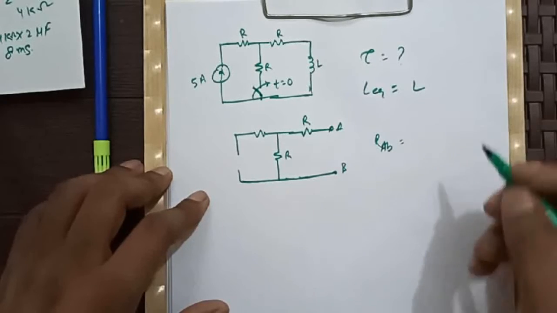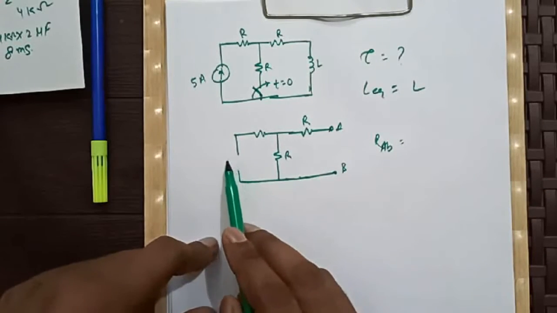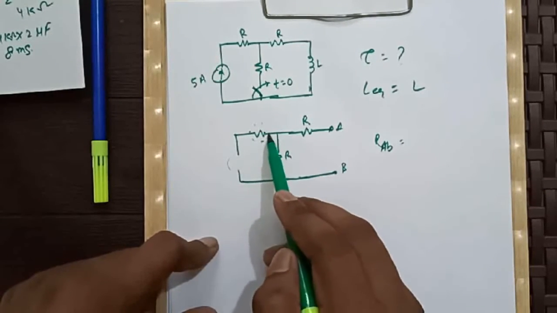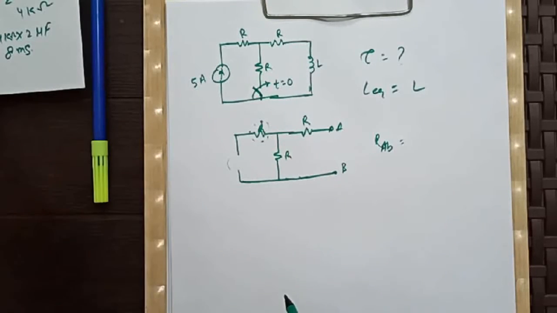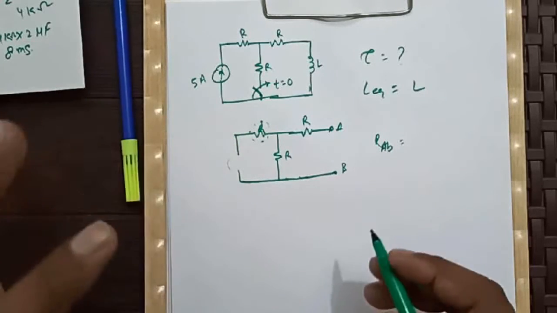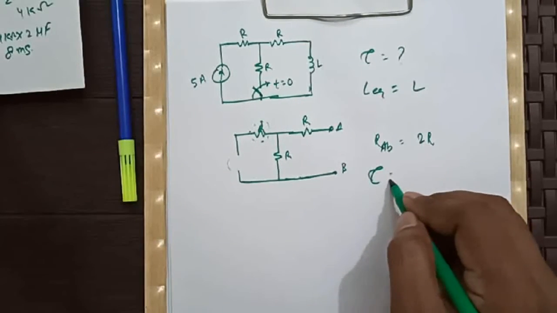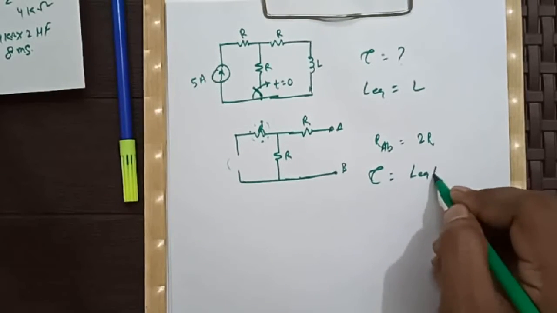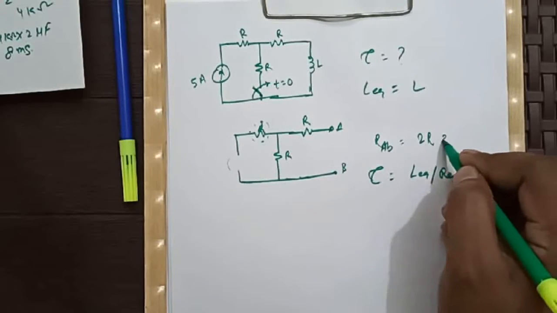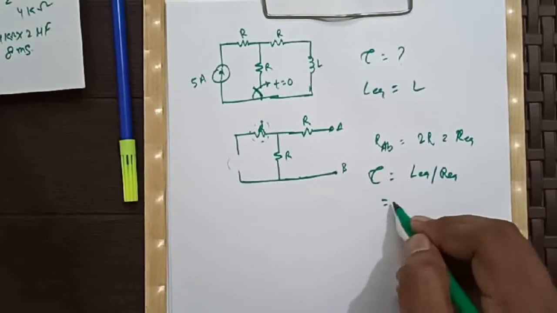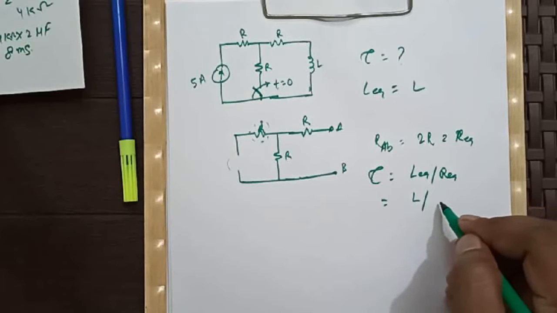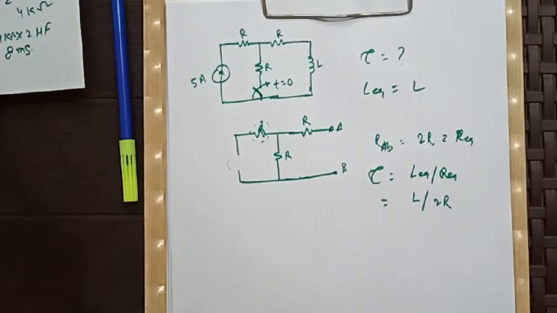Since after open circuiting this resistor has no significance. Why? Because this is open circuited. So RAB will be 2R, right? So time constant will be what? L equivalent by R equivalent. So L equivalent is L, R equivalent is 2R, right? This is the time constant. Clear?